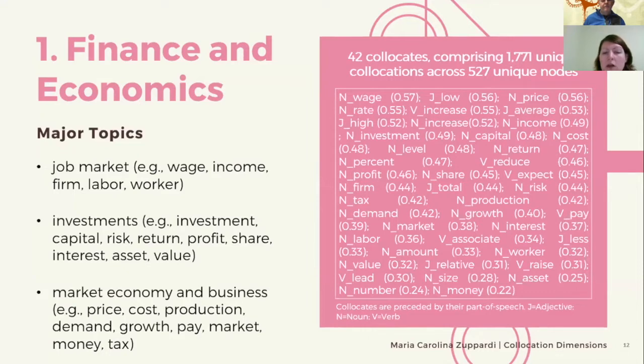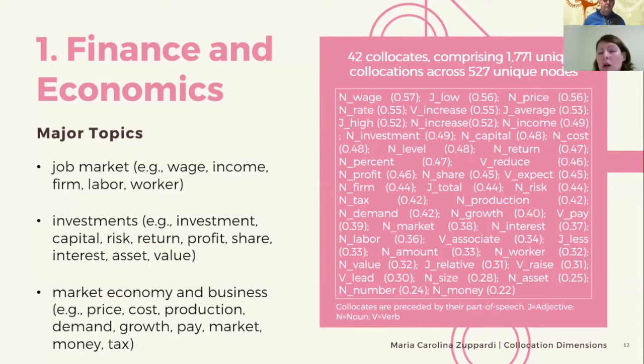So in either classifying or describing types of investments and what happens in an investment world, but also describing projects and studies related to investments. Market economy and business. So in general, right, thinking about day-to-day business, price, production, demand, supply, anything related to money.